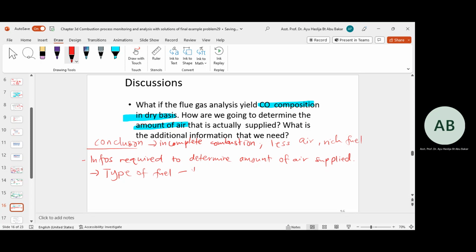Calculate the A. Then, do you need the fuel molecular formula? Need, right? Because you need to know how much of C is supplied.